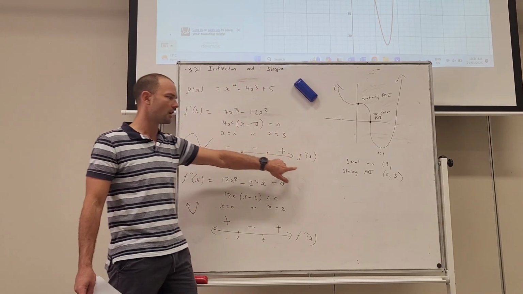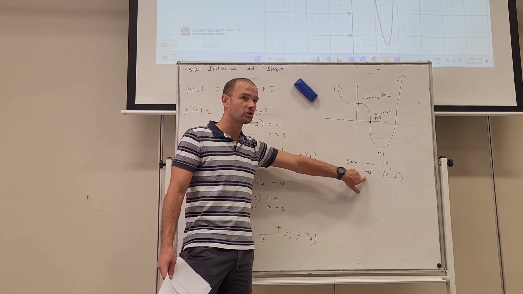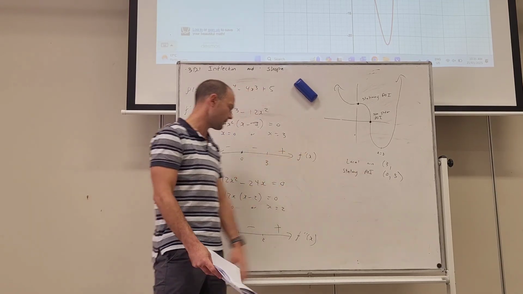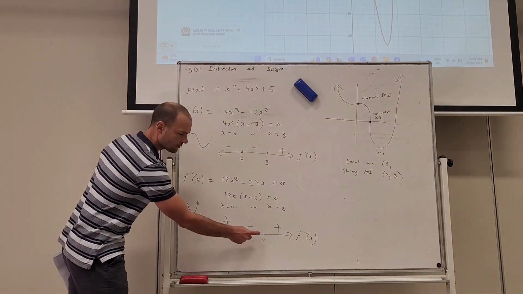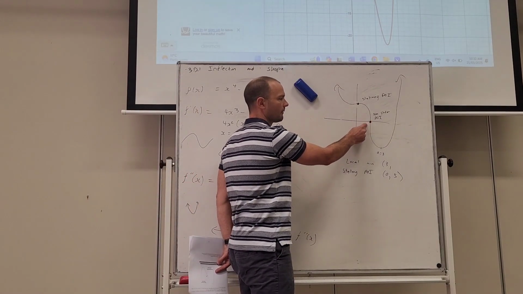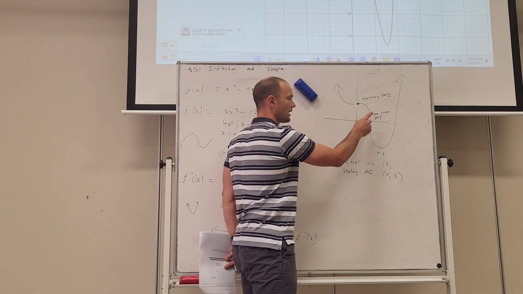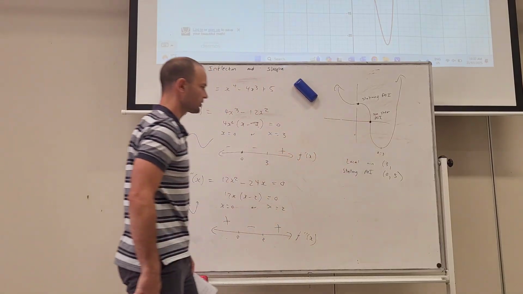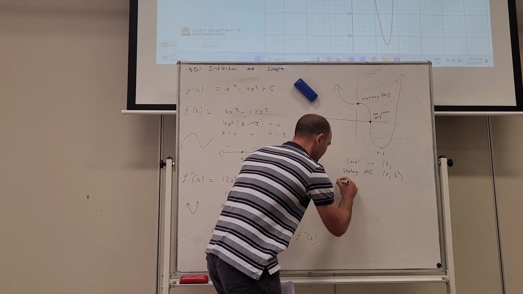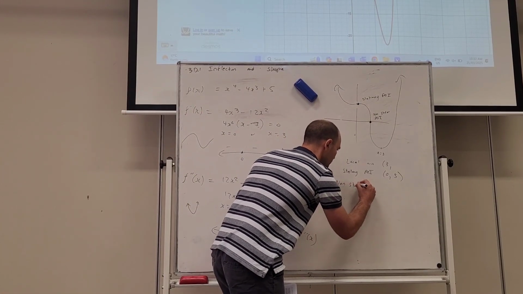The first derivative sign diagram will reveal stationary points, and a stationary point of inflection is a stationary point. So it's found there. But we've found the other point of inflection, this one here, which is a non-stationary point of inflection, and it occurs when x is 2. So we'll write that down: non-stationary point of inflection at x is 2.